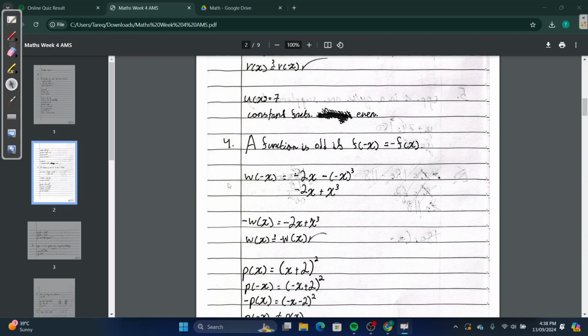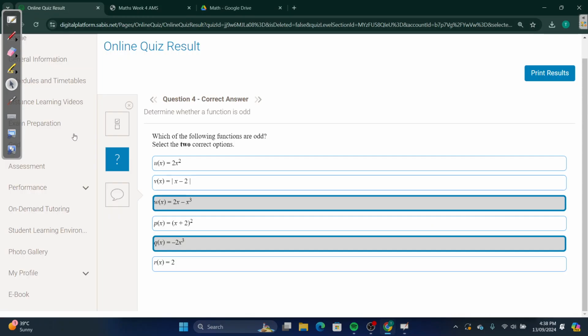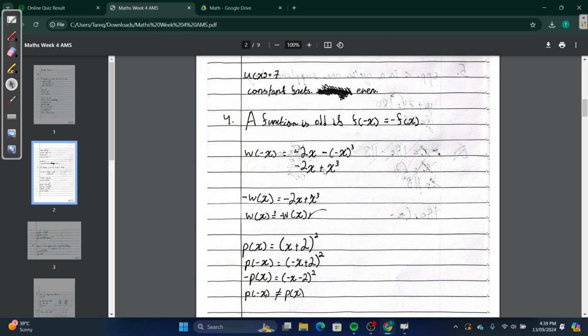Now, w of negative x, let me just look at what w of x is. 2x minus x cubed. Okay, so w of negative x, you're gonna substitute, so you multiply negative x by 2, making it negative 2x, minus negative x cubed. So minus with minus makes a positive, so it'll be negative 2x plus x cubed.